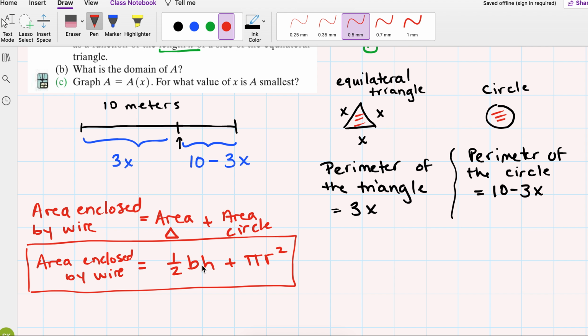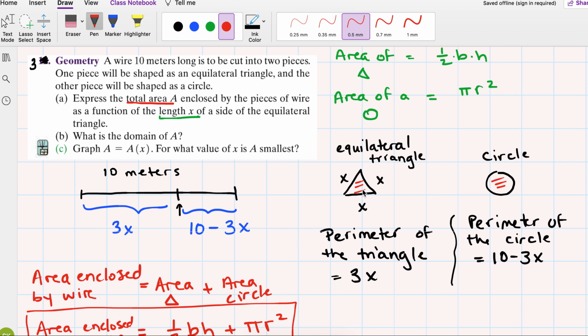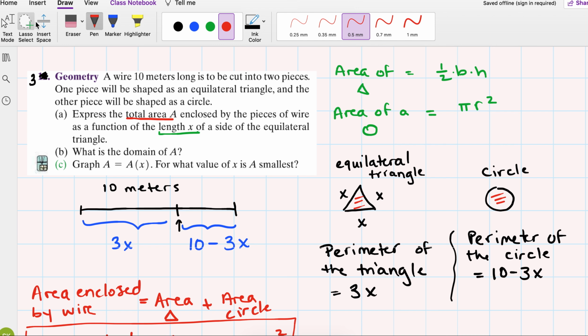So anything that's a letter needs to be replaced with something involving an x. So let's see if we can do that. Well, let's start with this triangle. We know that the area of the triangle, we said, is 1/2 base times height. Well, what is the base and what is the height? So let me erase this.